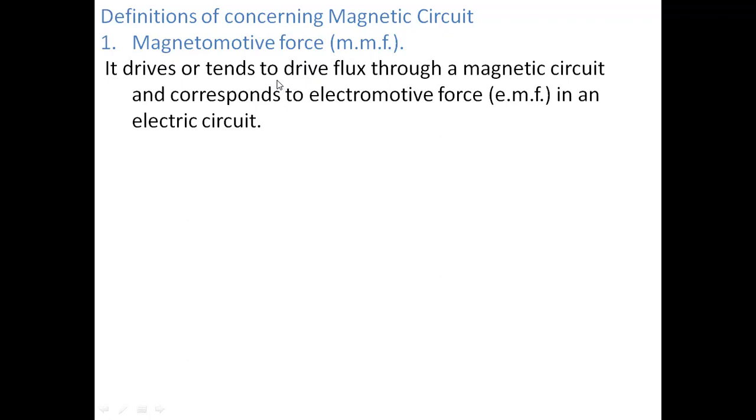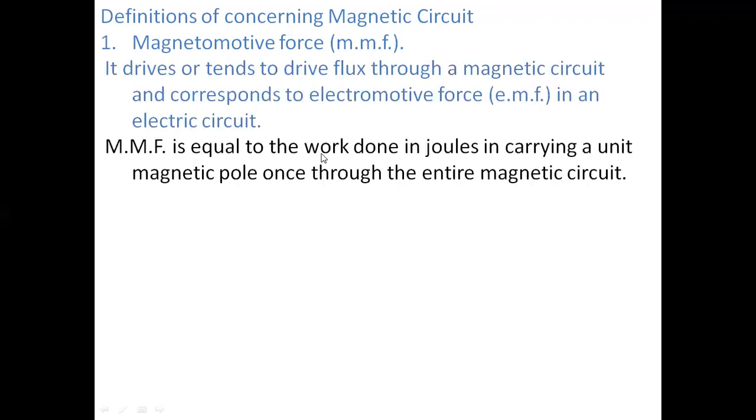The movement of the flux is provided by this force, and it is equal to the work done in joules in carrying a unit magnetic pole once through the entire magnetic circuit.